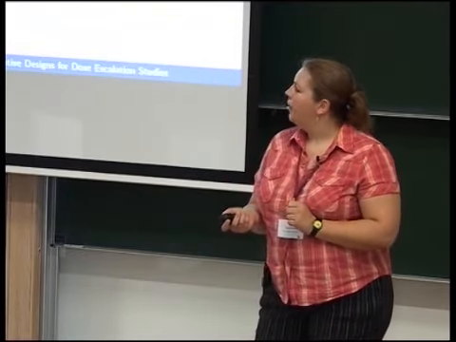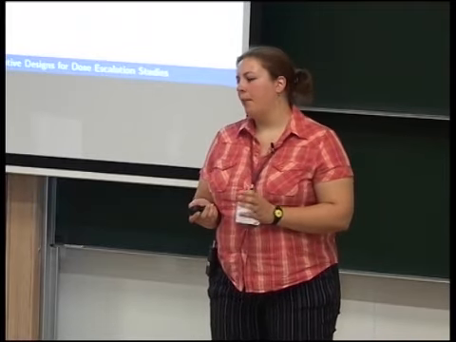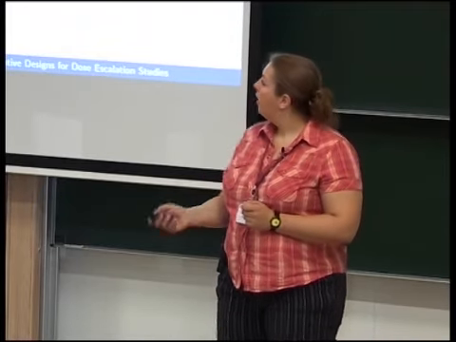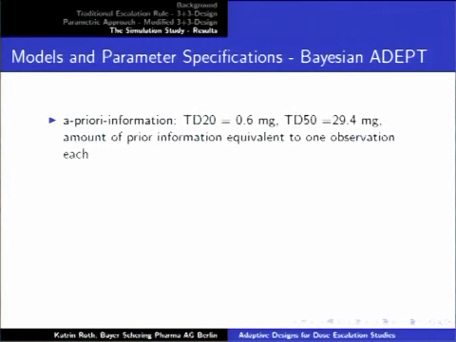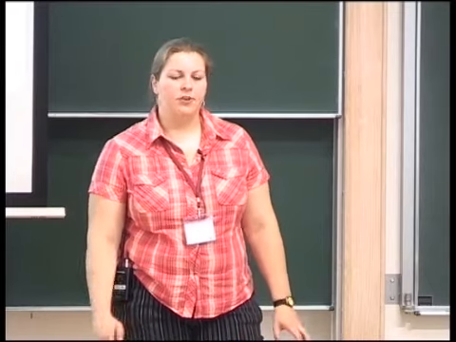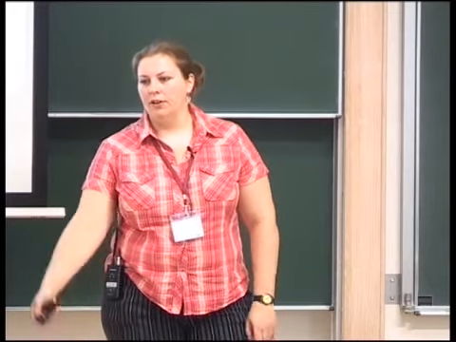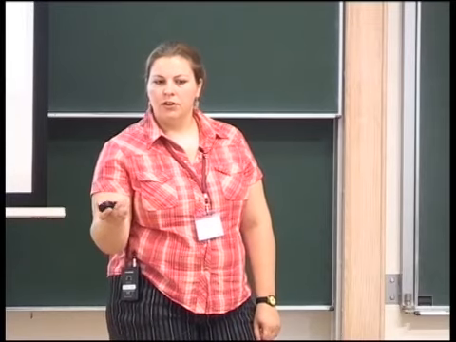I put in like the least information that I could. That means I put in 2 points of a priori information, like toxic dose 20, toxic dose 50. And then this a priori information is worth 1 observation. So that's very little information and has not much effect on the conduct of the simulation.